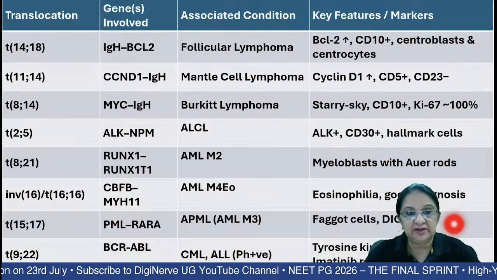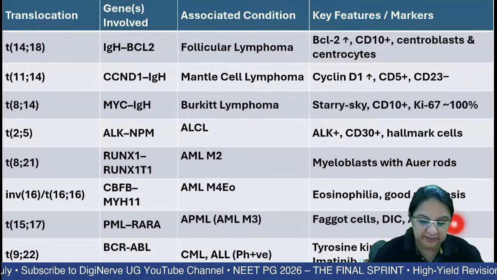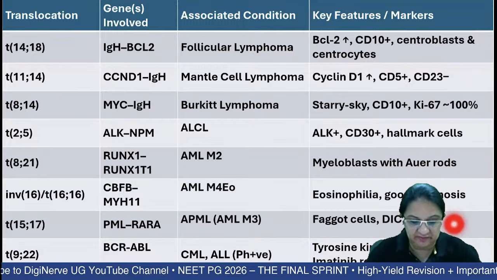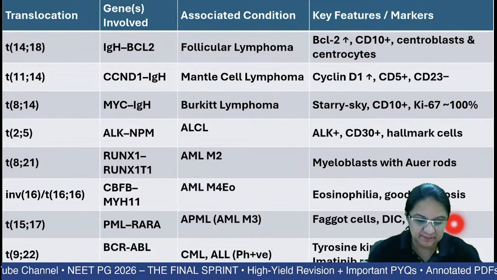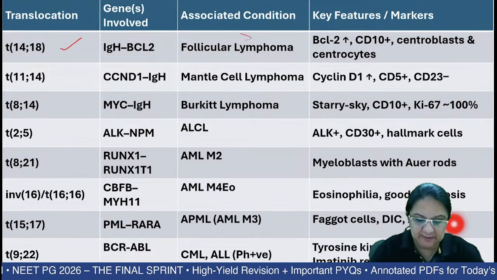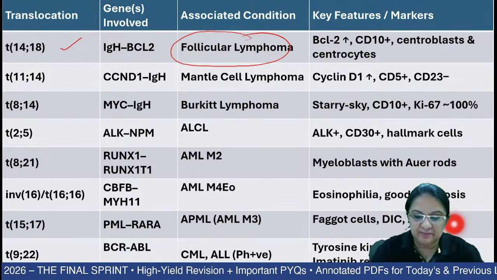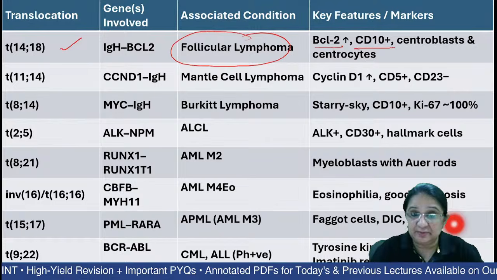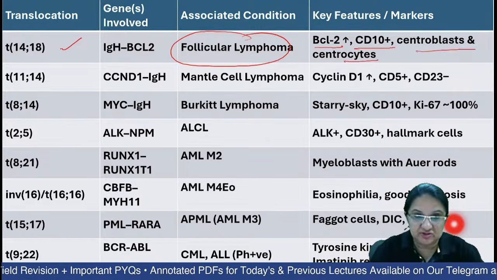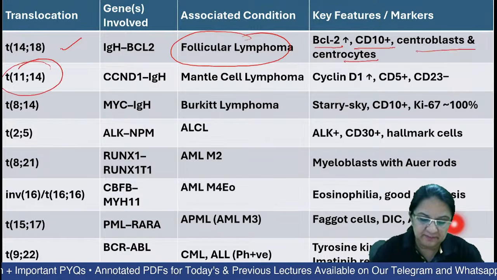Very quickly, we shall revise the translocations and the key markers in all these lymphomas. Translocation 14, 18: follicular lymphoma, BCL2 positive, CD10 positive, you will see centroblast, centrocyte. 11, 14, that is your mantle.